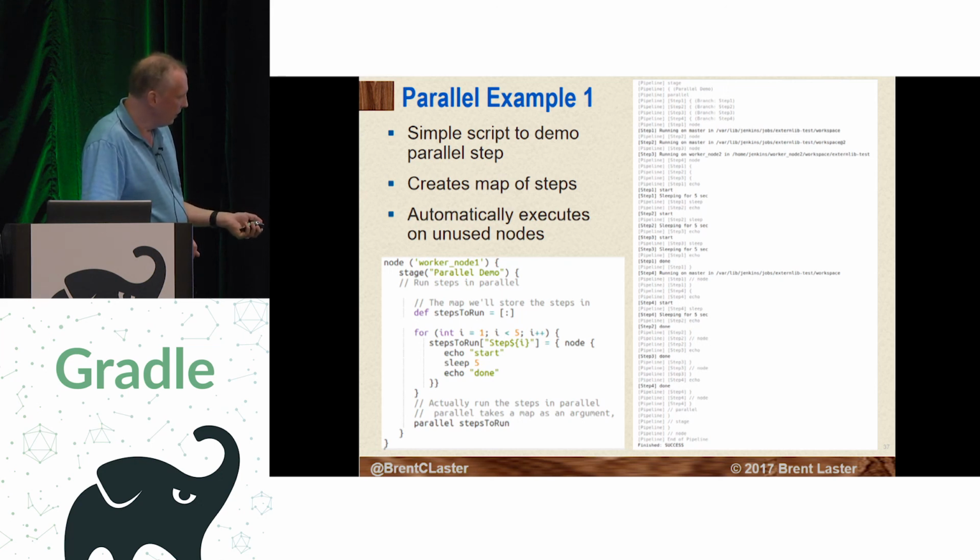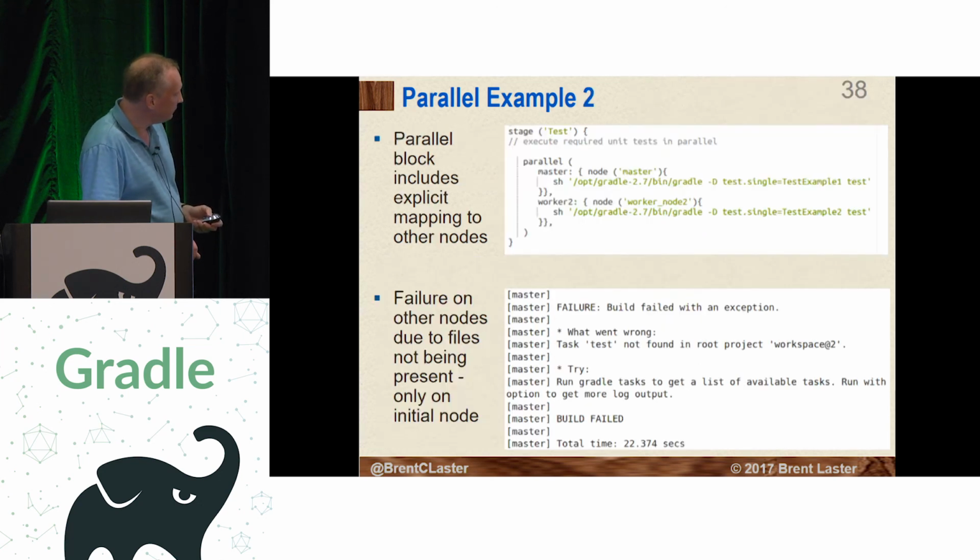Not really useful, but you're basically filling in the pieces of the map. So you can dynamically define a map if you want to, and then we just call the parallel step with the name of the map. So again, we're passing the map to the parallel step. And if you look at that over on the right-hand side, that's just running through a set of code. You can see the interleaved parallel pieces.